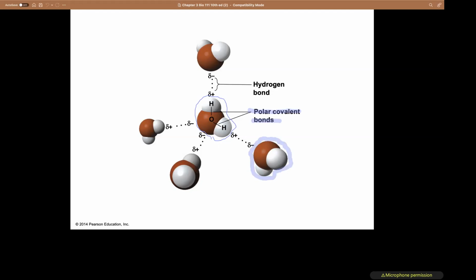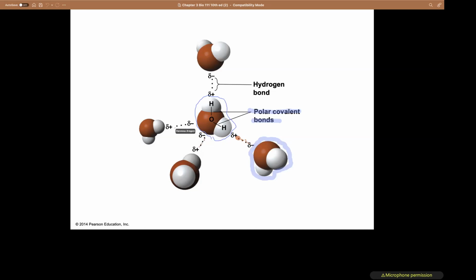Between water molecules, you are going to find hydrogen bonds. I actually would like to make that not so dark. Let's see, instead of highlighter, we'll pen it. Between water molecules are those hydrogen bonds.